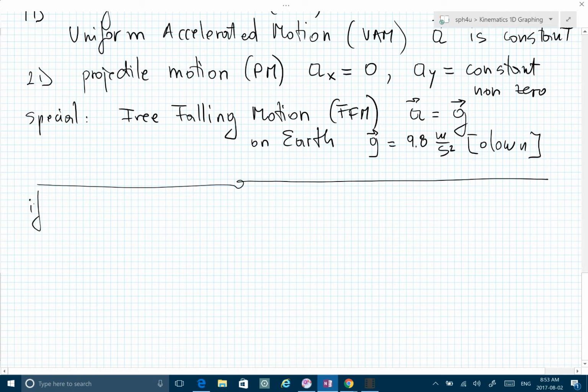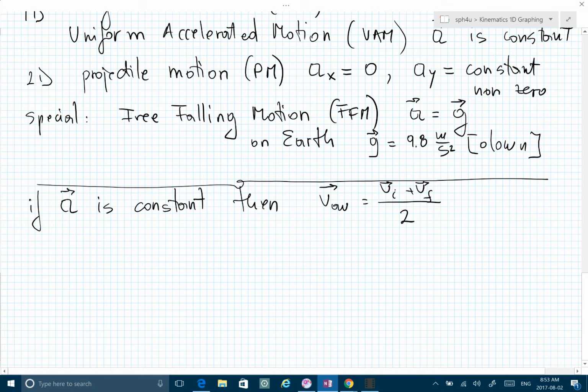Now, if acceleration is constant, then it's safe to assume that average velocity is actually the midpoint of the velocity. So it's vi plus vf over 2.